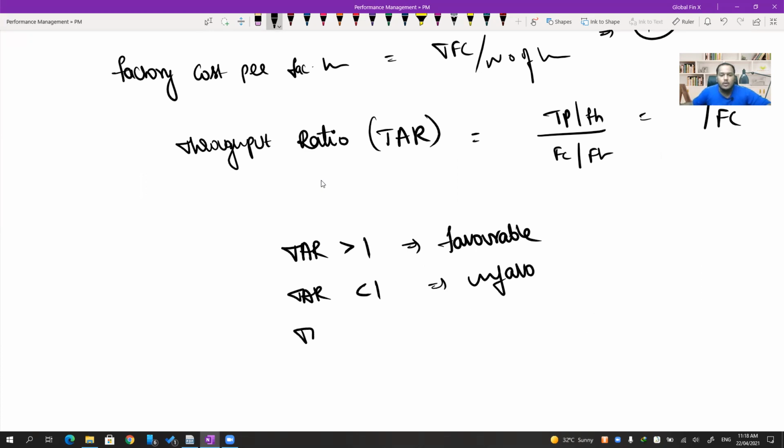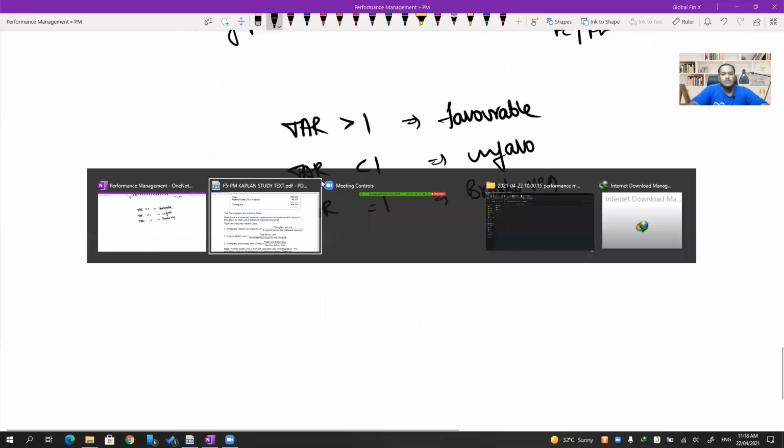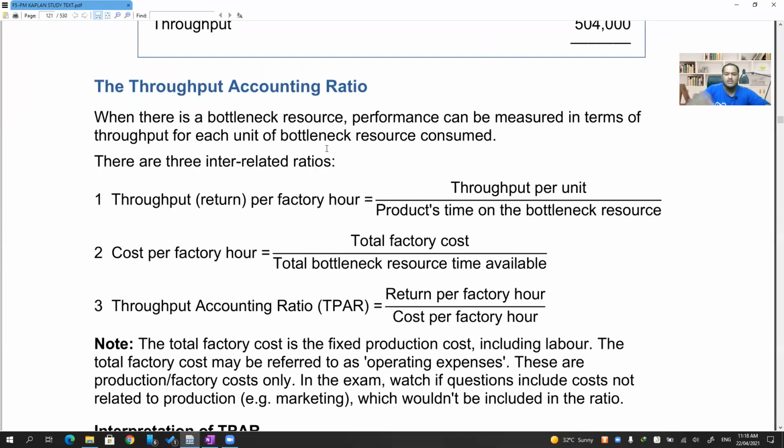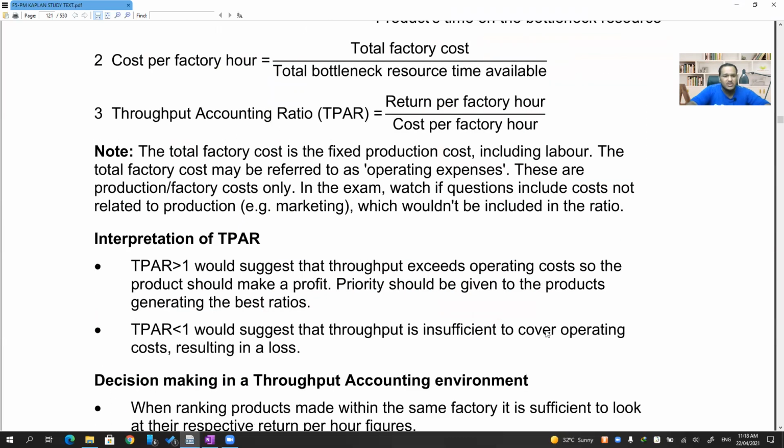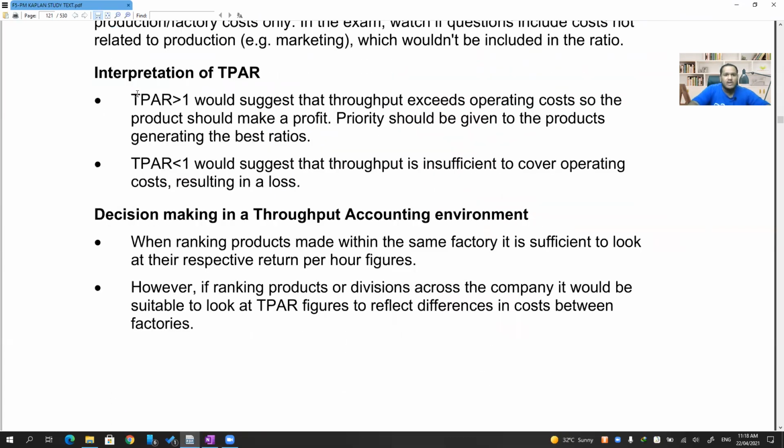If it is equal to 1, you break even: your costs and your profits are exactly equal. Simple, nothing in this. Throughput per factory hour, cost per factory hour, then throughput accounting ratio, return per factory hour by cost per factory hour. If it is more than 1, good. If it is less than 1, bad.